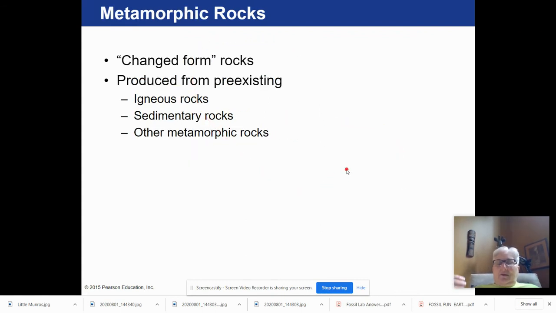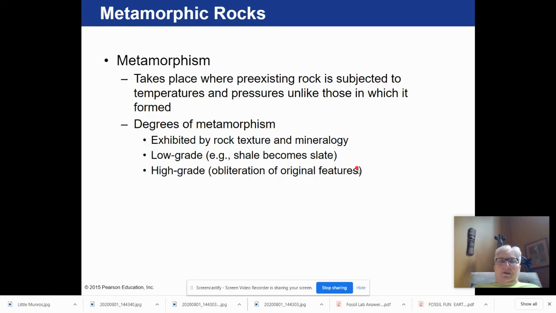And then our third type of rock is the metamorphic rock, which means it's rock that's been changed from another type of rock, either our igneous rock or our sedimentary rock, or it's made from other metamorphic rock. So when we're talking about metamorphism, we're talking about a change, right? And usually that change occurs because of one of two things: either great temperature or pressure.